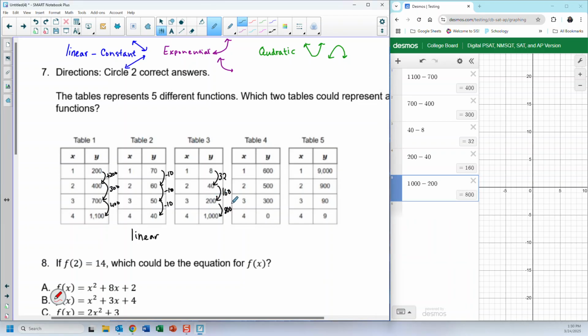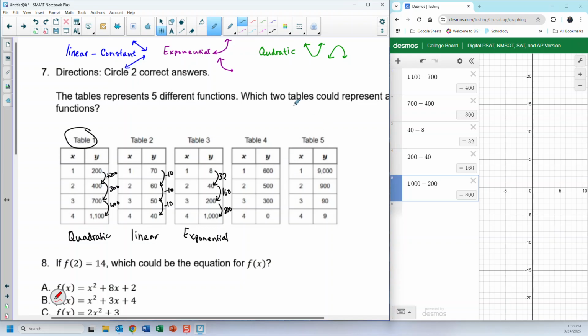Okay, so even though this one is going up by different numbers, this one is not growing as rapidly as this one. So table number 3 is definitely exponential, which means that this is one of my quadratics.